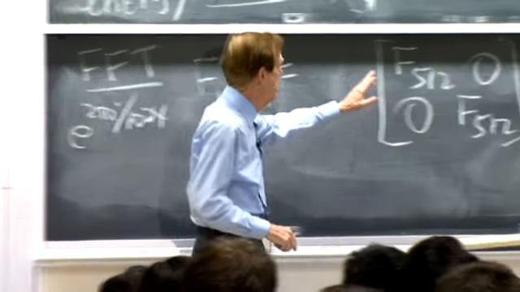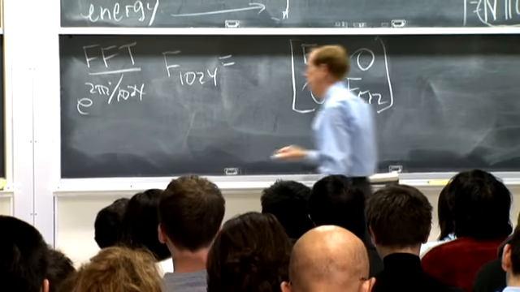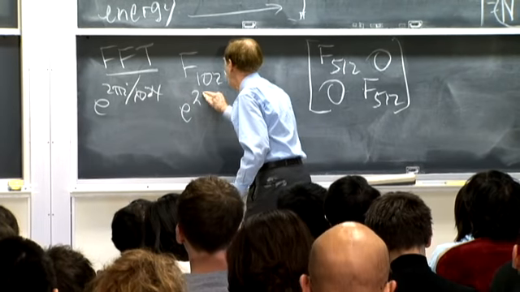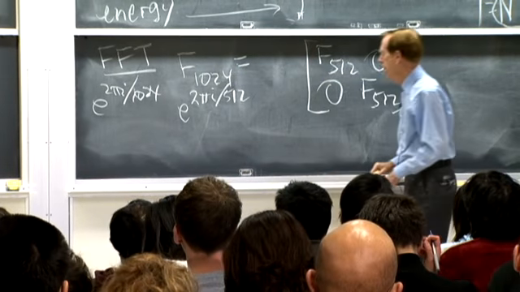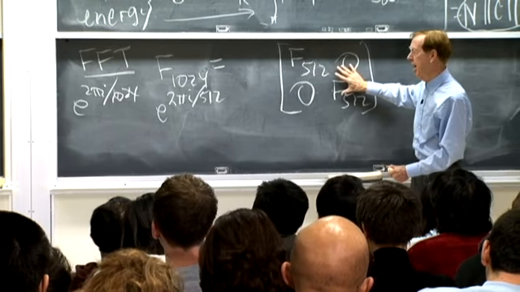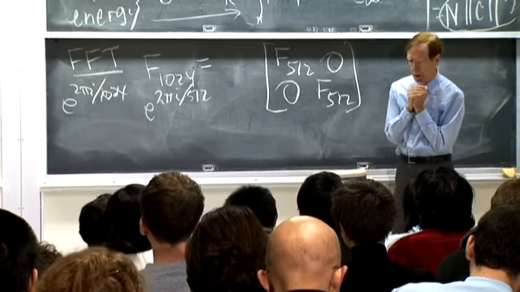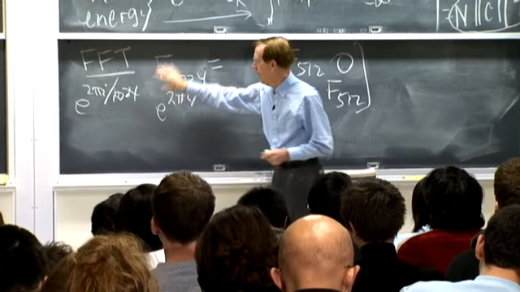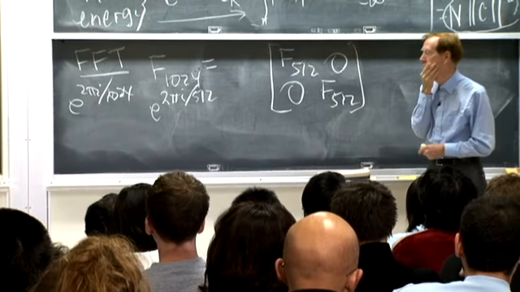And the w for both of these is e to the 2 pi i over 512. So if there's a connection between that matrix and this matrix, there better be a connection between that number and that number, because this is the number that fills this one, and this is the number that fills these. So what's the connection?